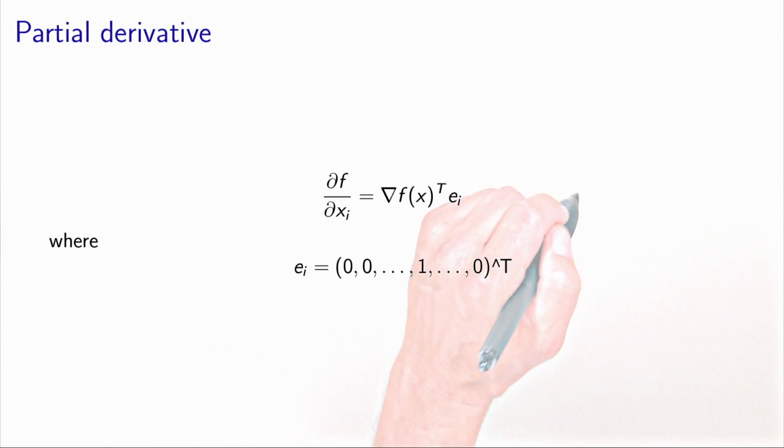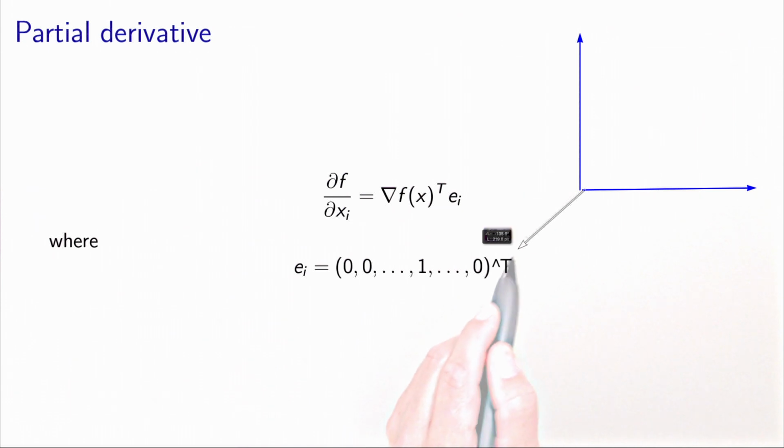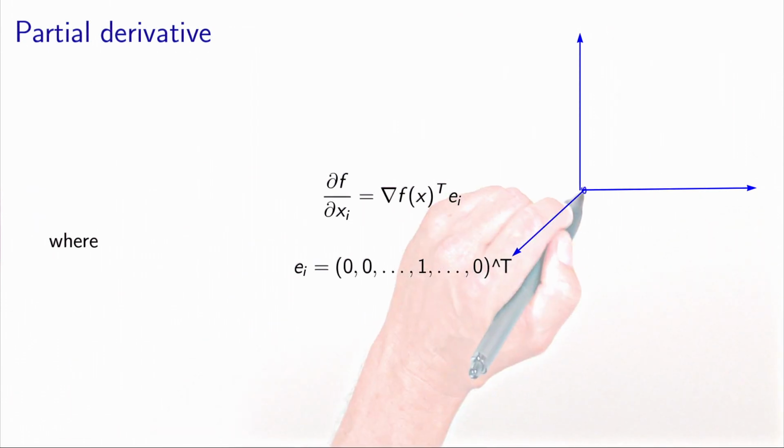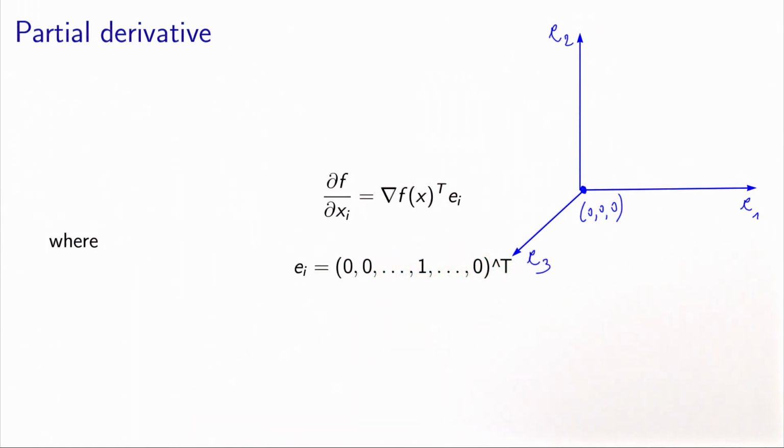Now, if we look at specific directions, in particular the axes of coordinates, we can also calculate the directional derivative along these axes. In this case, the directional derivative will be called the partial derivative. So in this notation, e_i is a vector of all zeros except one at the ith position.